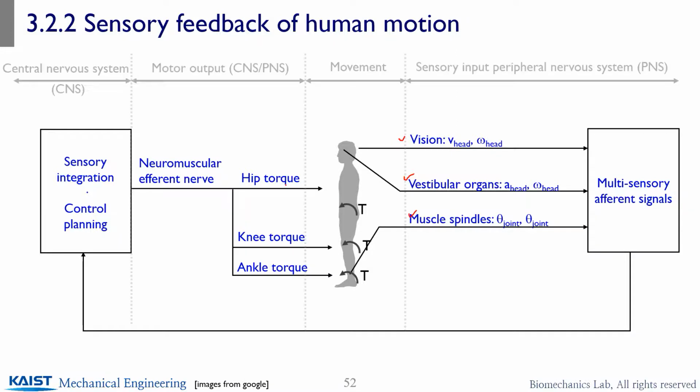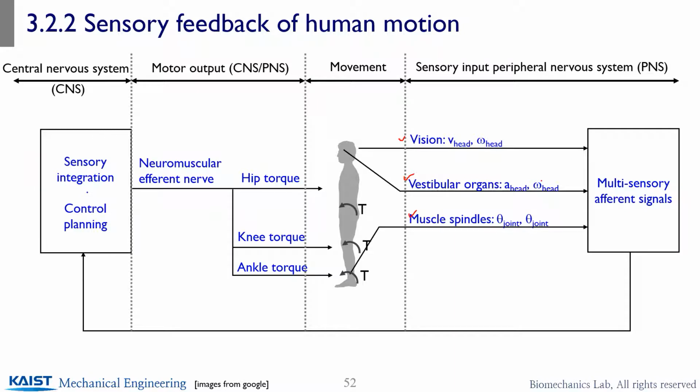So this is a big sensory feedback loop: movements are sensed by the peripheral nervous system, sent to the brain, the central nervous system, and then based on the motor planning, the motor outputs are sent to the muscles. So it's a kind of closed loop sensory feedback system.